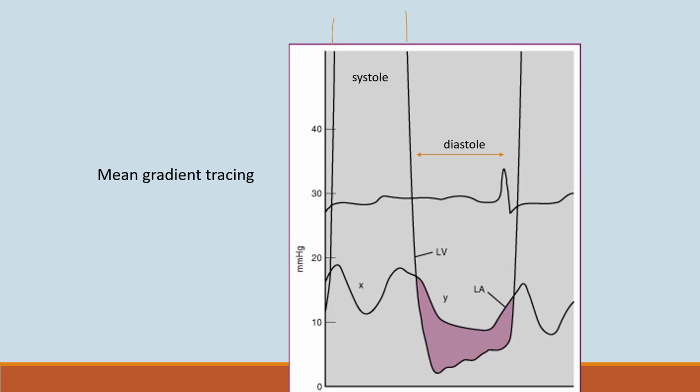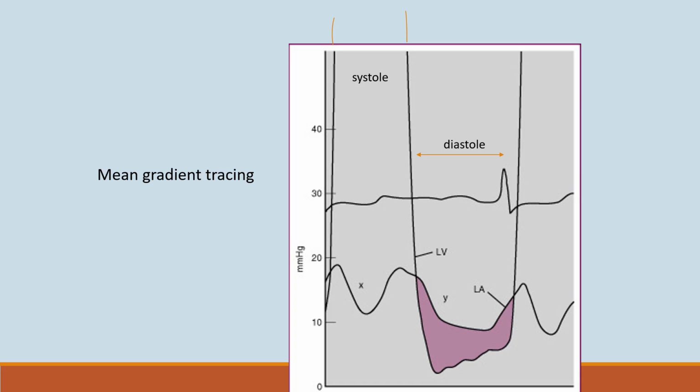So if we were to measure pressures, this is the pressure in the left atrium, the lower curve. We have the EKG, which tells us that we are looking in diastole, which is the period before the QRS. And so the left ventricular diastolic pressure, as is always the case, is normal.